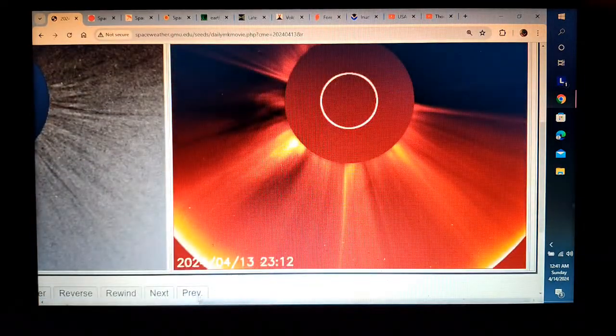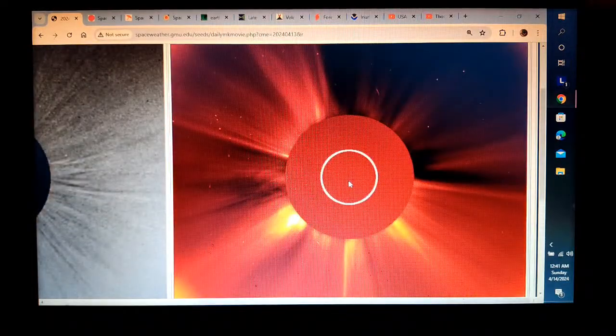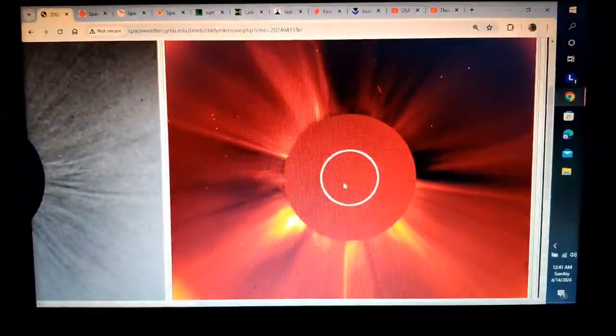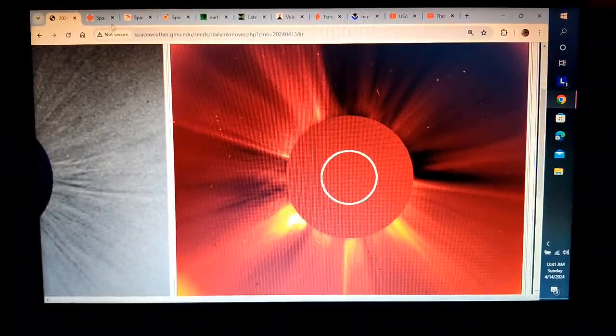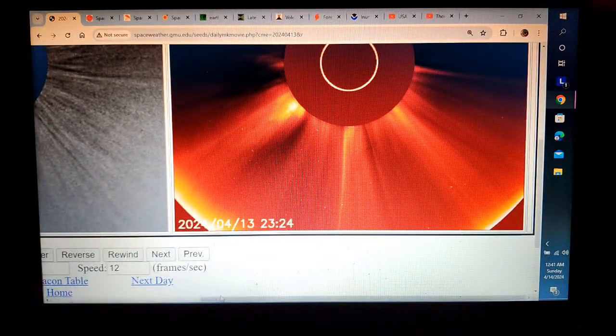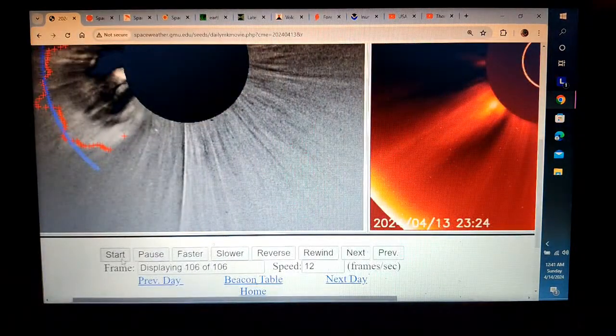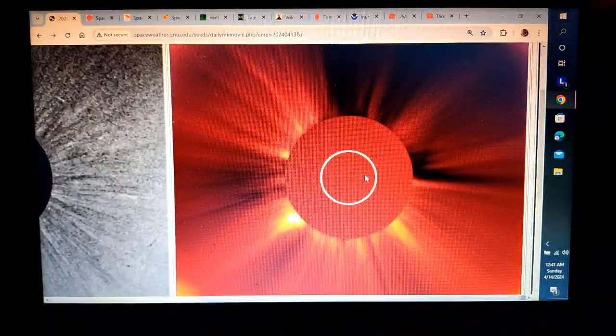Let me try one more frame. It's not doing a very good job. All right, let's try again here. Well, I think you saw it there when we just hit play, because it's not really capturing it too well going frame by frame right there. So just kind of leave it there for a second.